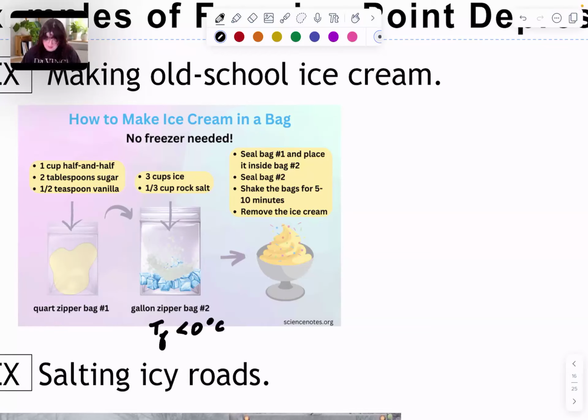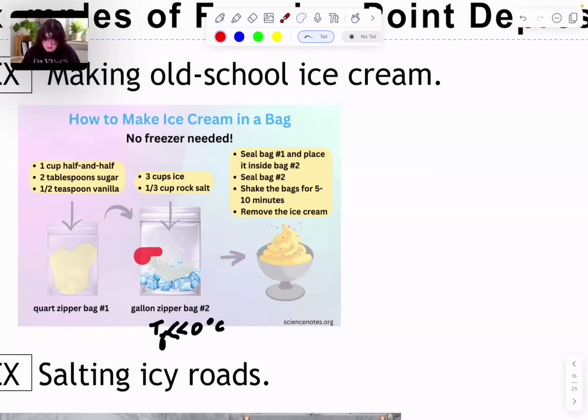And it can even be significantly less than the freezing point of water, because think about what ice cream is. It's just a frozen custard. So if you were to make a custard, that is probably going to have a lower freezing point than water, just because, again, that's a solution in and of its own right. And it's got a bunch of milk proteins and sugar and vanilla flavorants, etc.